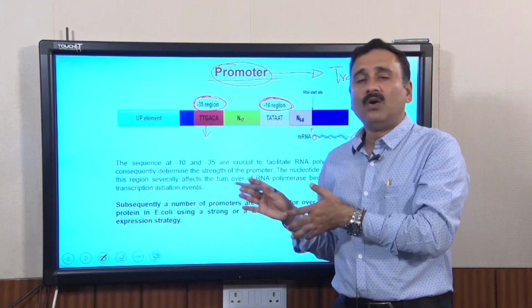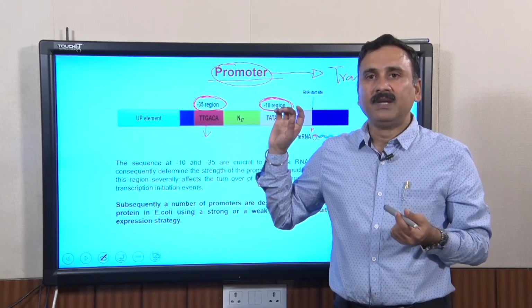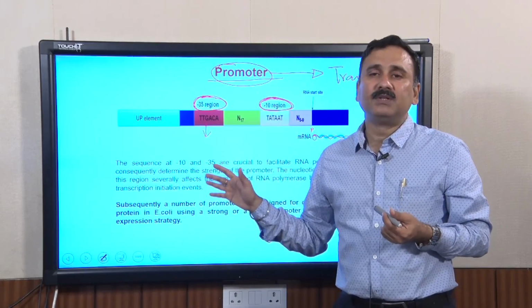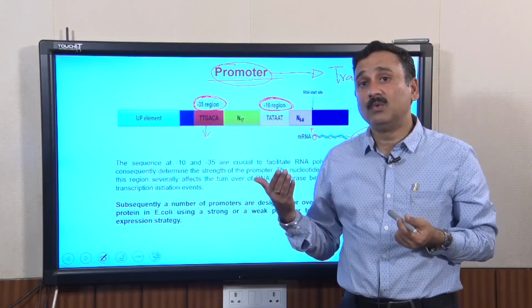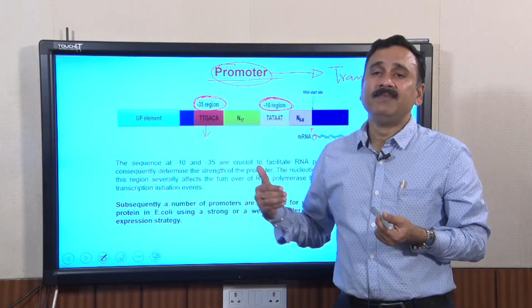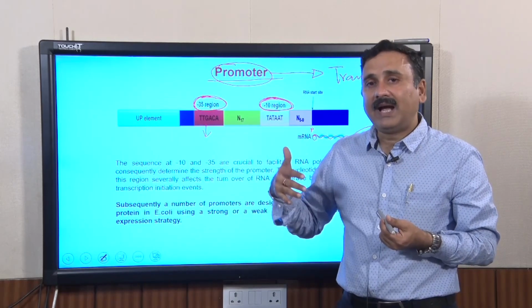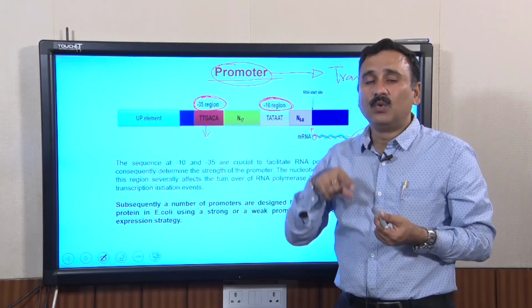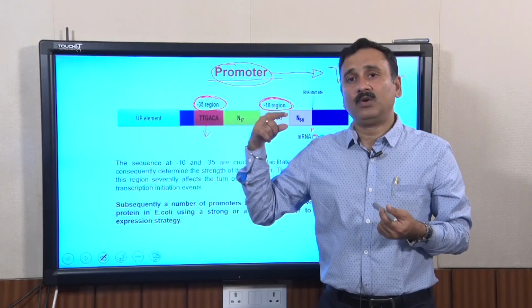The other category is the weak promoters. In the weak promoters, the -35 and the -10 regions will not facilitate the RNA polymerase binding that strongly, and because of that the number of cycles through which the RNA polymerase can bind to the promoter is going to be low.